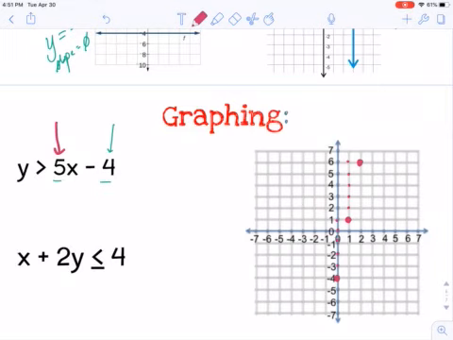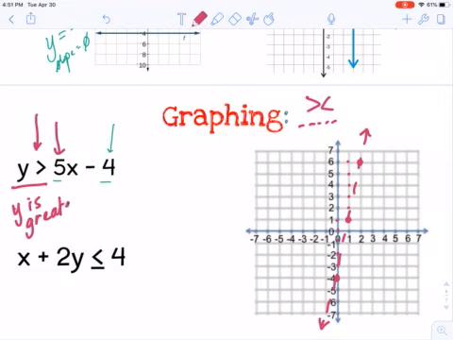Now, with an inequality, you have to be careful. If it's just an equation, you just connect and move on. But since it's an inequality, and it's not equal to, I want to draw a dotted line. Now I have to shade. It says y is greater, so that means I want to go up from all my points.